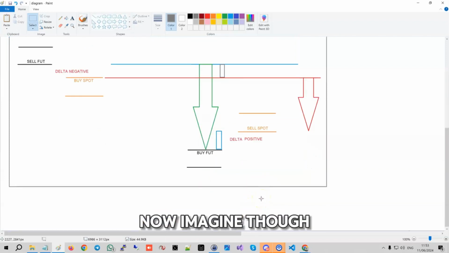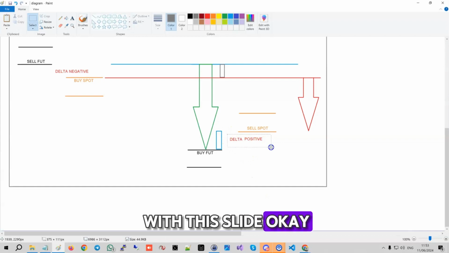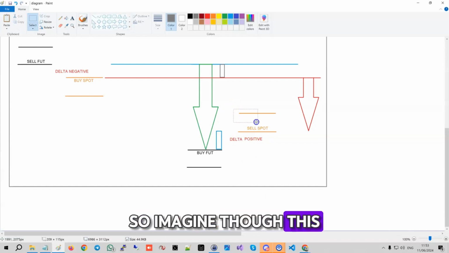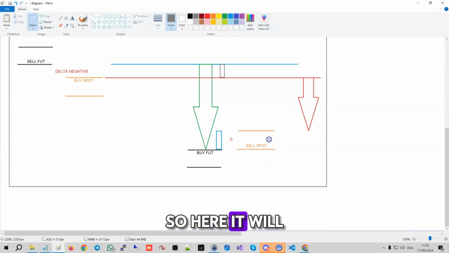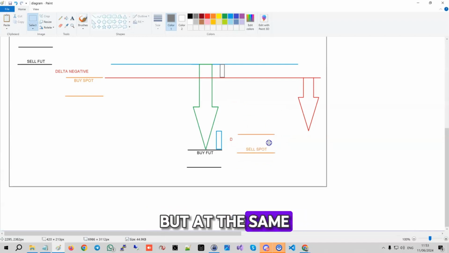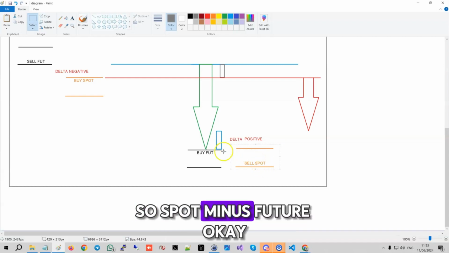Now imagine this goes here. So here we're making zero, but at the same time, if you get a negative delta, so spot minus future, you're getting the negative delta.